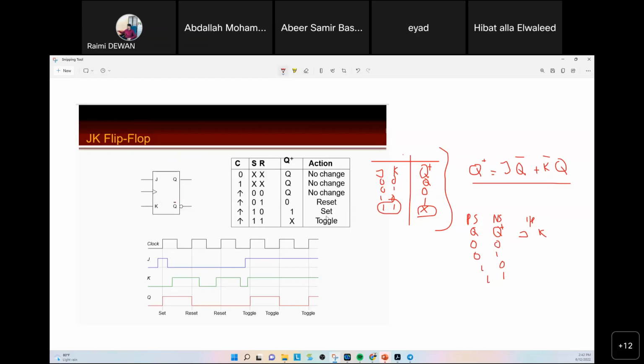If there is no change, this 0 will become 0 again here. Referring to the excitation table in page 145 of my module. I don't know what the page is in your module. Let me write all of them first.